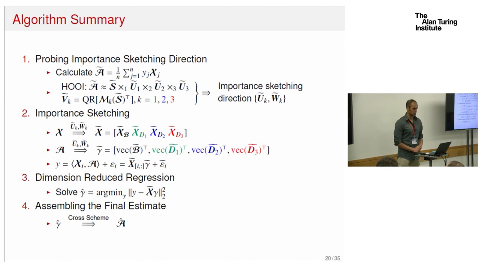And then we do our sketching, where we take our original data and do these tensor operations to get our sketched data. Then we do our regression in the reduced dimension, and then we assemble the final estimate using this cross scheme, which can be viewed as embedding from the low dimensional to the high dimensional space.